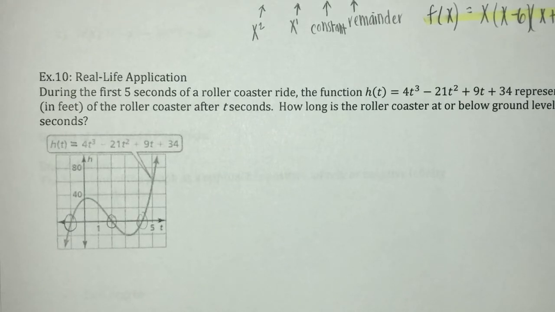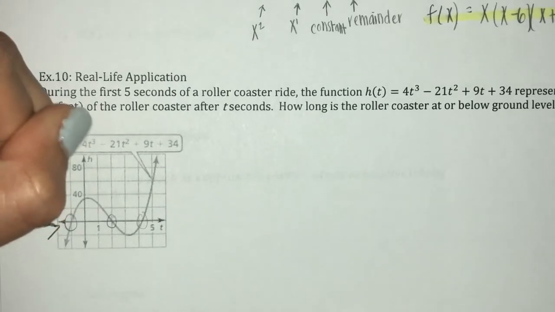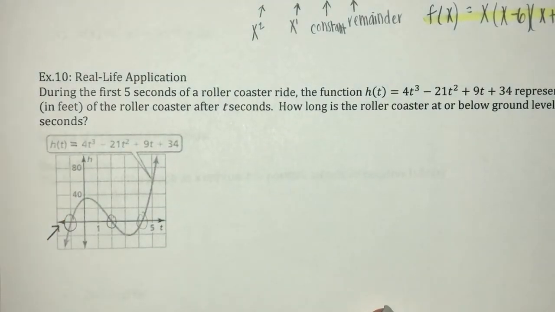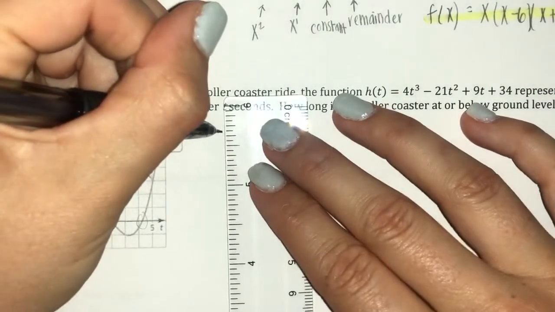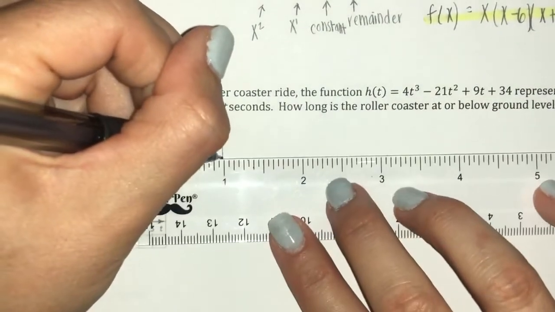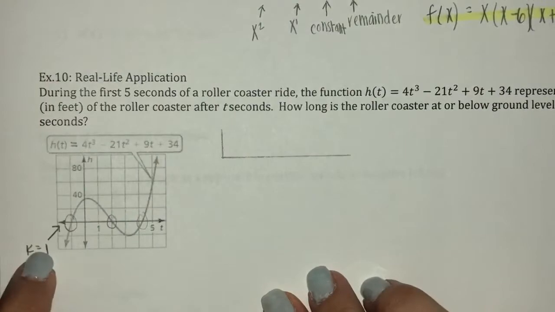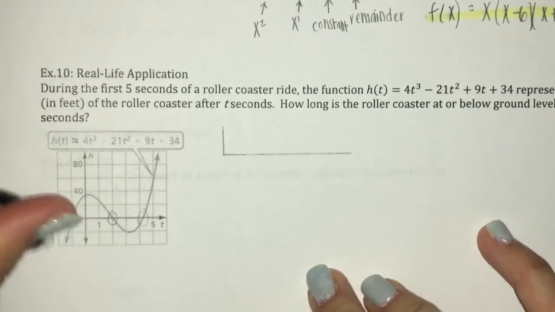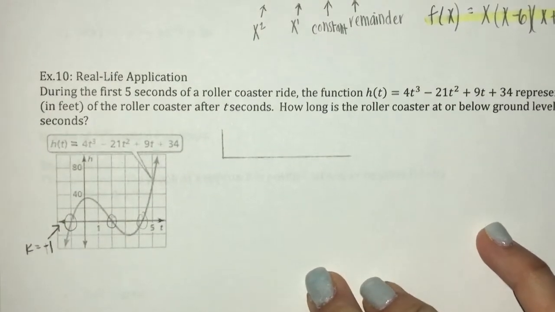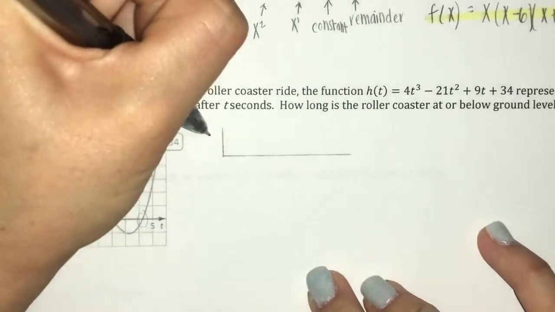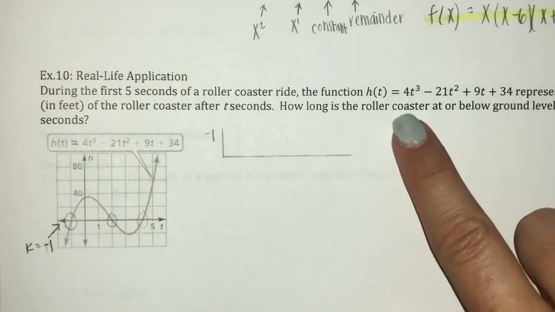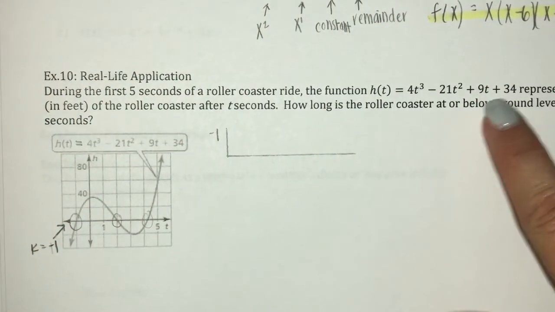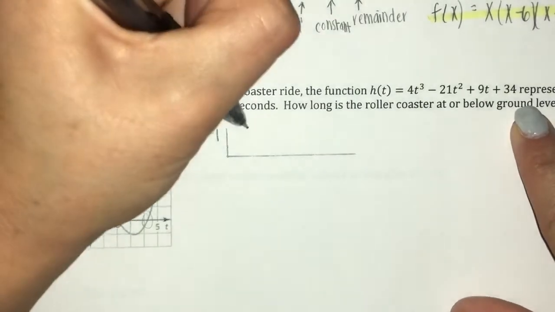So if I want to test this first x-intercept, that's going to be my k value of negative 1, since the x-intercept is negative 1, so k equals negative 1. So I'm going to do synthetic division with my original function and with a k value of negative 1. So negative 1 will go on the outside left, and then 4, negative 21, 9, and 34 goes on the inside.